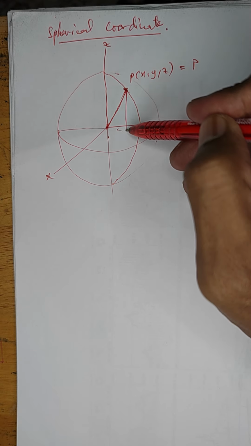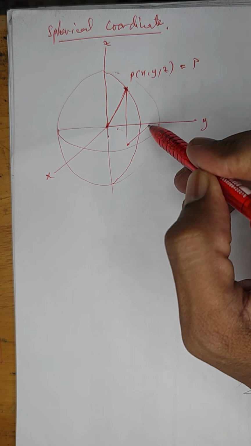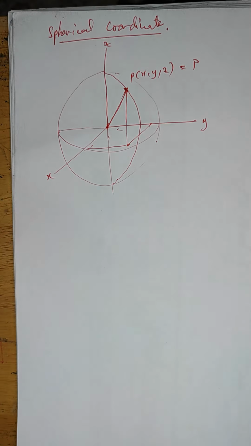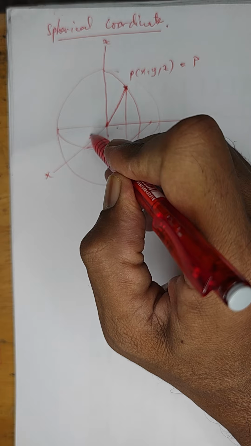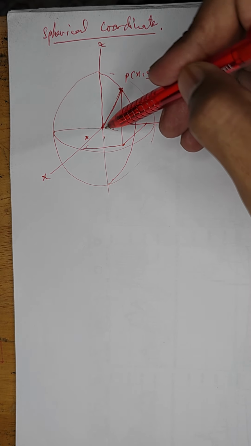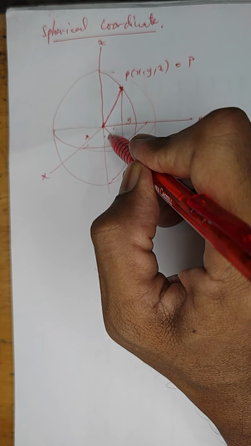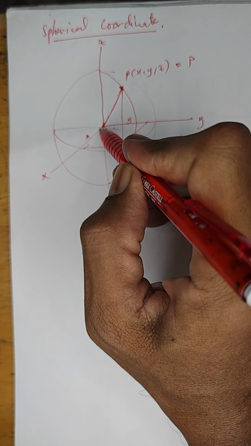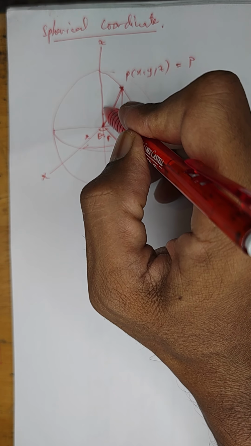So this is your x, this is your y, and this is your r. The point x, y, z makes an angle theta here, as well as an angle here, let's say this angle phi.